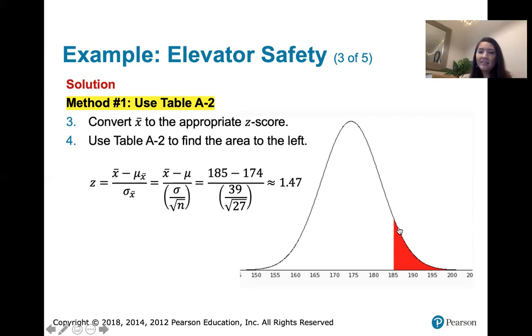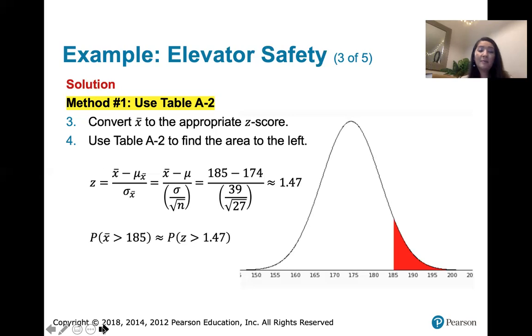So this x value of 185 pounds, given that the mean is 174 pounds from the data that we started with, this sample mean of 185 pounds is 1.47 standard deviations above the mean.